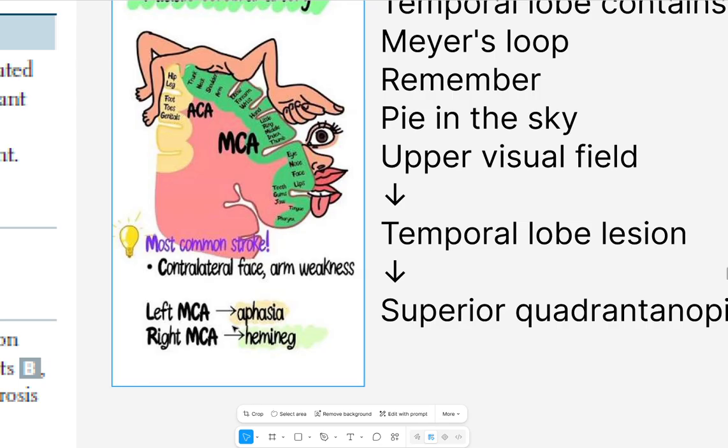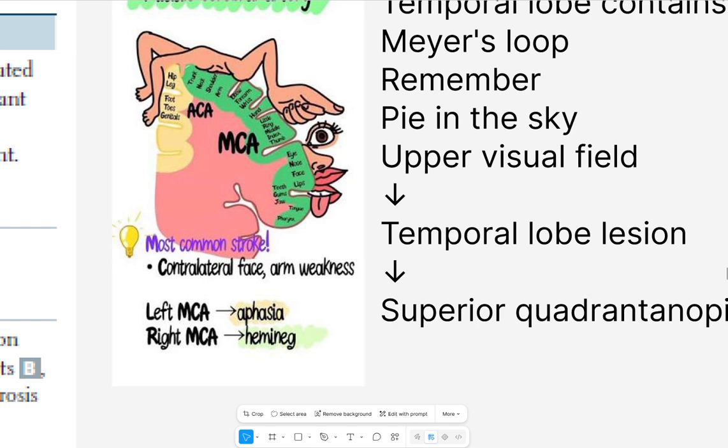A right middle cerebral artery, the non-dominant hemisphere stroke, will give you a hemi-neglect. And hemi-neglect is basically not even having the feeling that something belongs on the other side. It's not like the patient is blind, but the patient won't shave the other side of his face. The patient will not be able to judge anything on the other side.